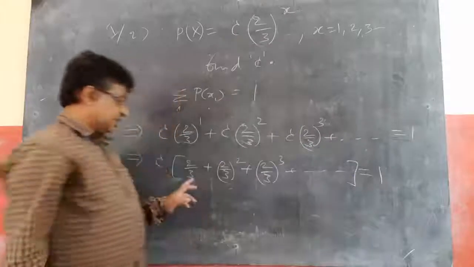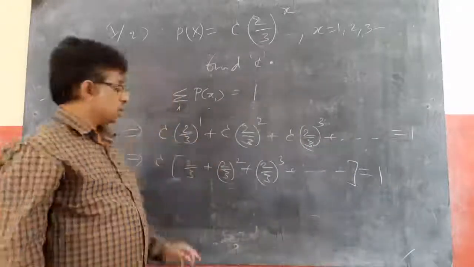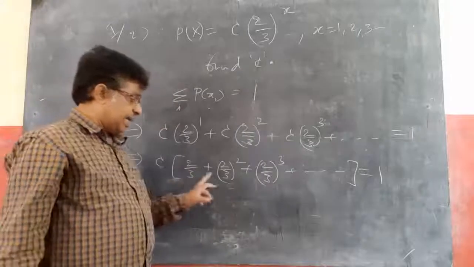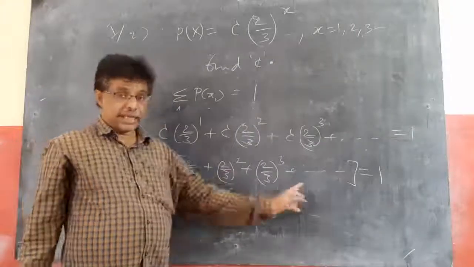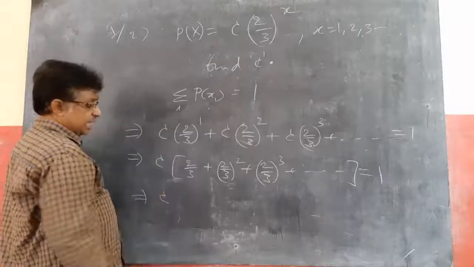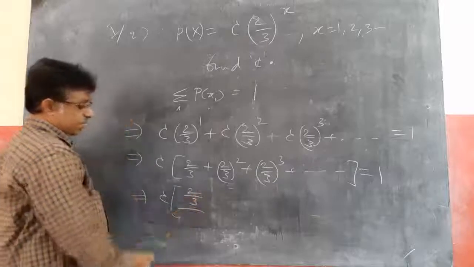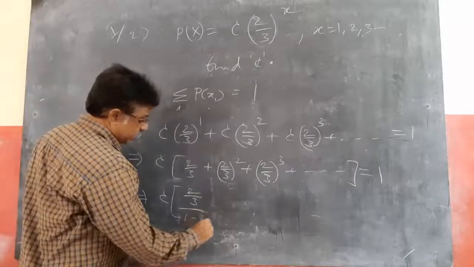So this is an infinite GP: a, ar, ar square and so on. Here a is 2 by 3, and the common ratio is also 2 by 3. You know how to find the sum of an infinite GP: a by 1 minus r. Here a is 2 by 3, and 1 minus r means 1 minus 2 by 3.